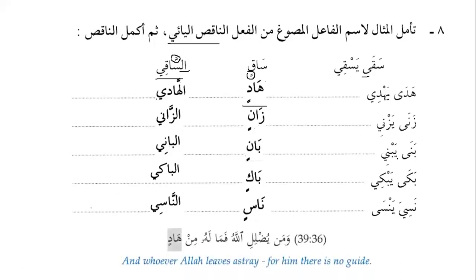I think it will come in the next page for Majhul. So there is only one example here. وَمَن يُضْلِلِ اللَّهُ فَمَا لَهُ مِنْ هَادٍ, and hadin, as we can see here. Whenever you are reciting the Quran, please try to figure out these forms, because we are learning them.